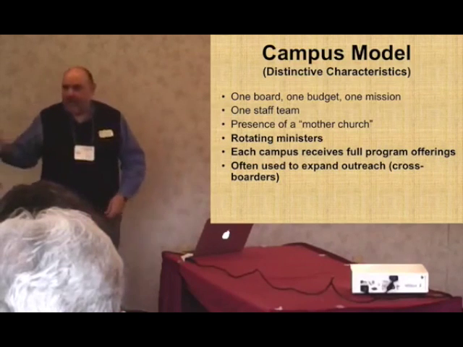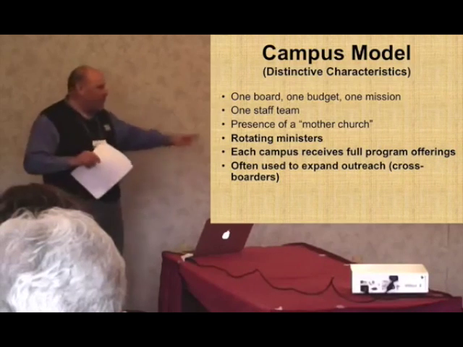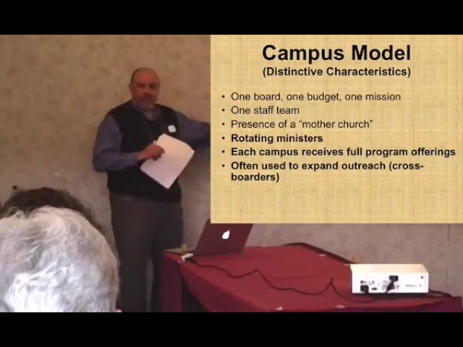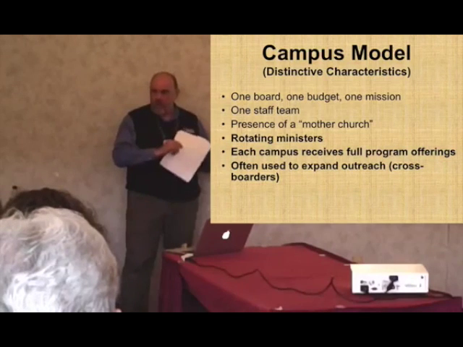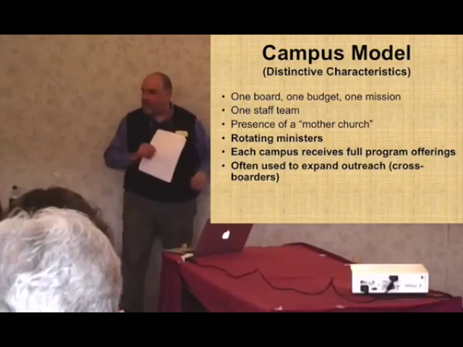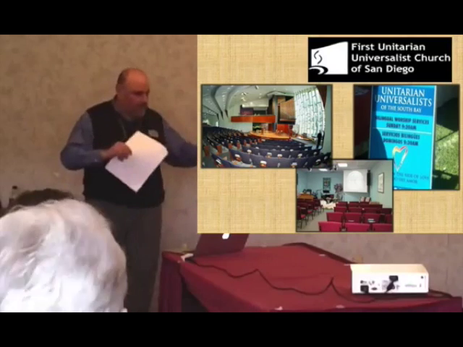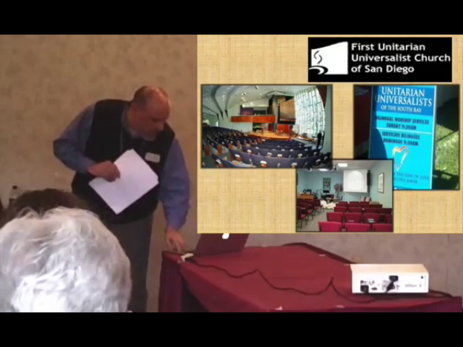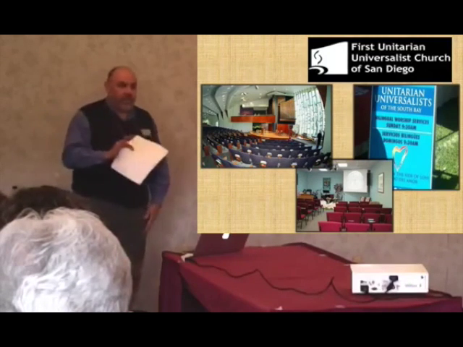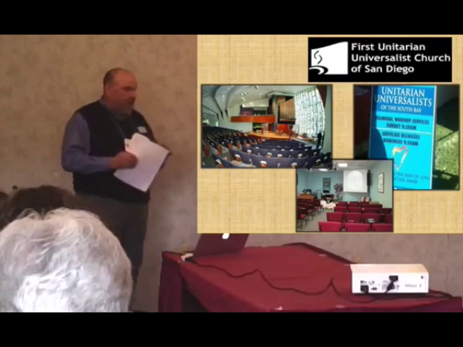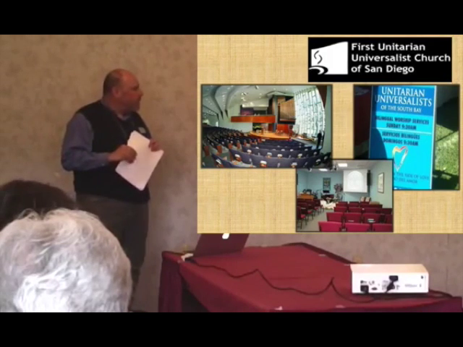And Peter Morales talks about crossing borders, the idea of expanding our outreach to those who otherwise would not become Unitarian Universalists. And this is really the best example of how we're able to do that. There are 3 examples of the campus model.